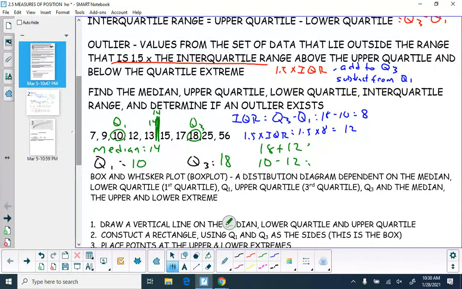So we get a value of 30 and negative 2, but really we should just use a value of 0.